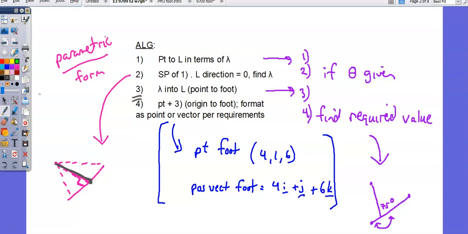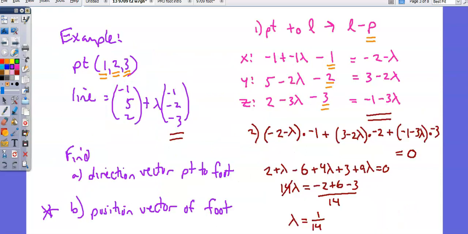Let's begin with an update to the algorithm. In step 3, lambda into line is improved as lambda into the result of 1. So in step 1, we found point to line in terms of lambda. We used that in step 2. We're going to use that again in step 3. So let's see what our result of 1 is.